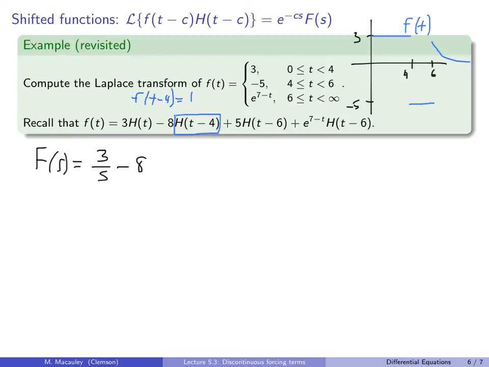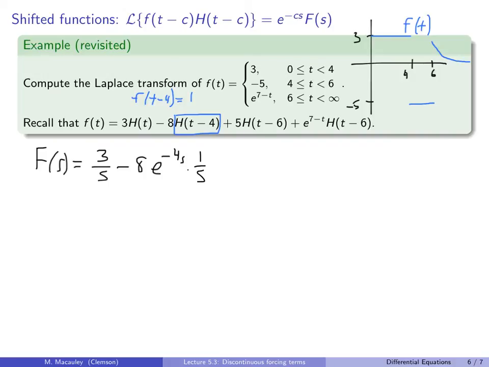Recall that the Laplace transform of 1 is 1 over s, so we can apply this formula to this term, and we get e to the minus 4s, because c is equal to 4, times the Laplace transform of 1, which is 1 over s.